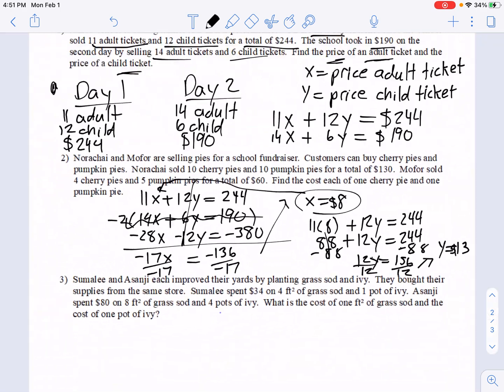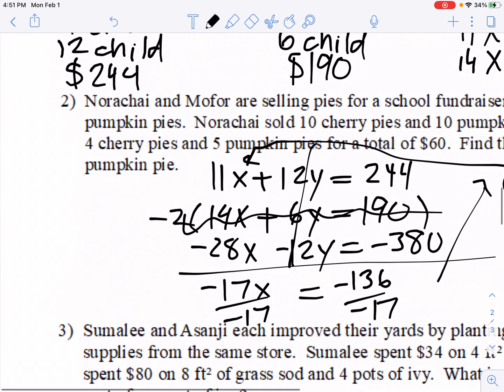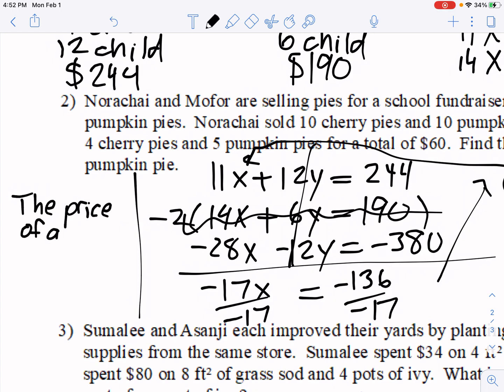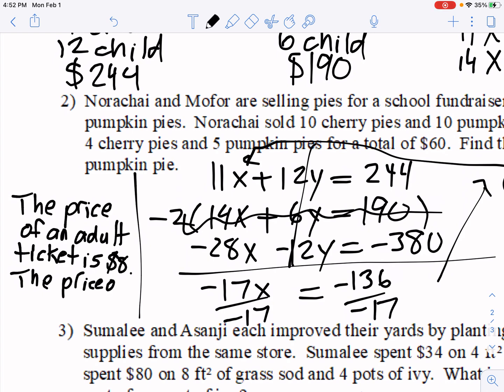Okay, so what we would say here, where I got good room, I'm going to write it over here, is that we would say that the price of an adult ticket is $8, and the price of a child ticket is $13.